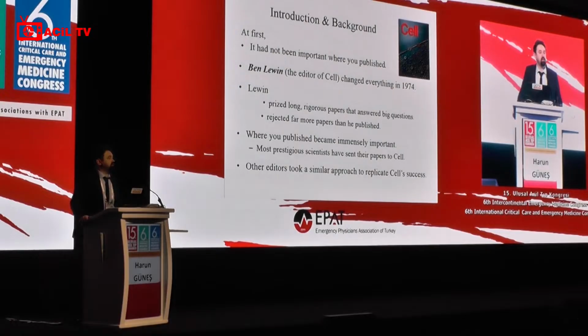He was the editor of Cell. He prized long, rigorous papers that answered big questions and rejected far more papers than he published. Then, suddenly, where you published became immensely important. Most prestigious scientists sent their papers to Cell, and other editors took a similar approach to replicate Cell's success.